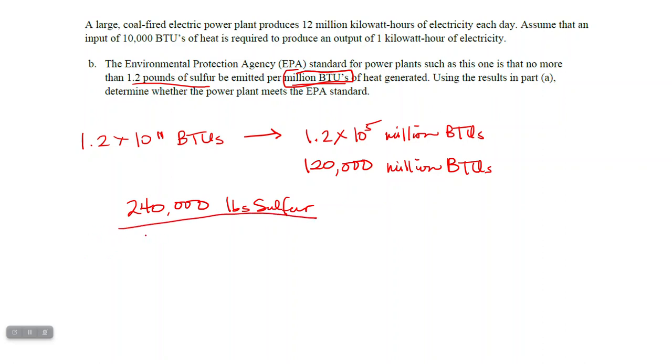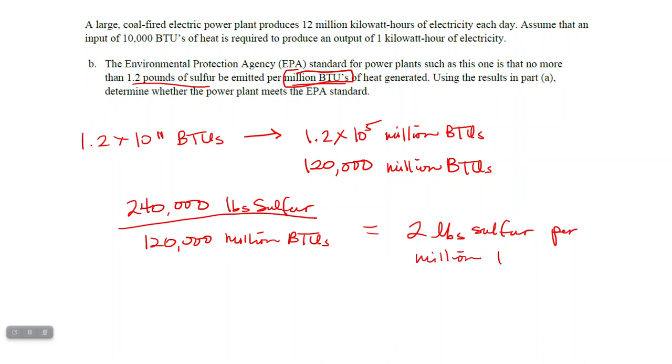Now, if we divide that by the number of million BTUs that's generated, we actually find out when we divide this out, that's 2 pounds of sulfur per million BTUs. But that's not our answer yet.